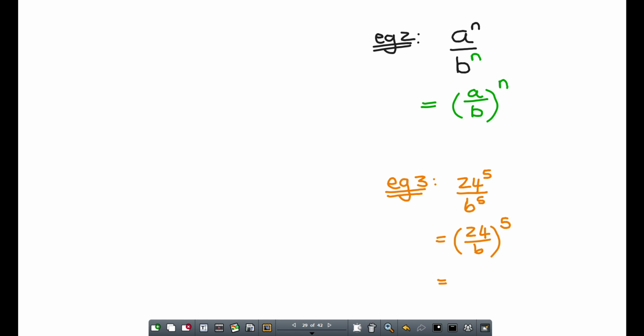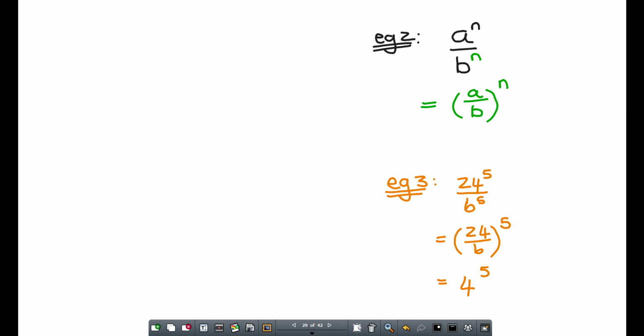24 over 6 is the same as 12 over 3, and 12 over 3 is the same as 4. So basically, I can simplify it to just say 4 to the power of 5.